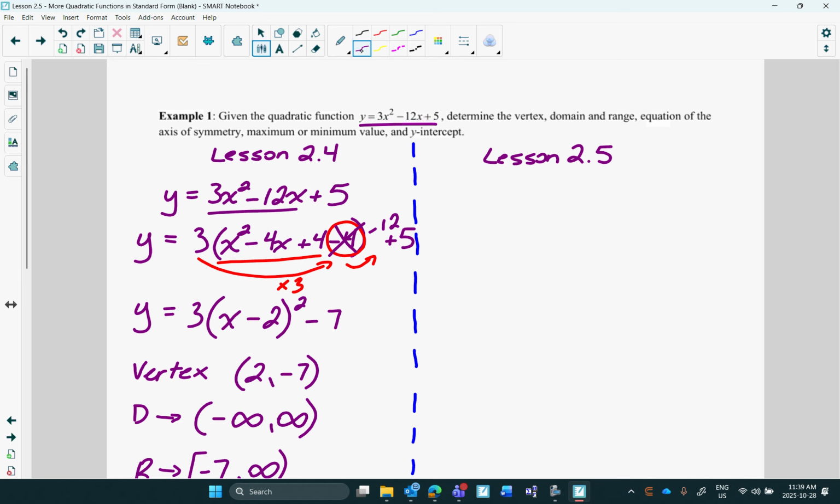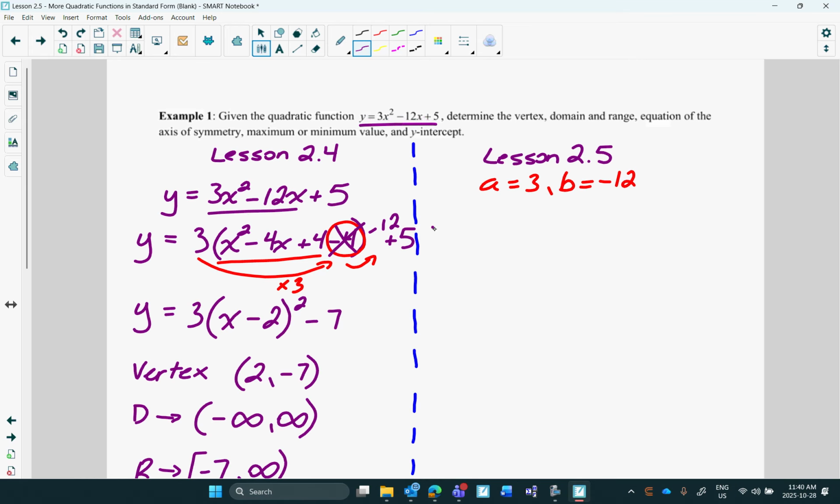How do we find the X vertex? Well, sorry, first of all, I should state this. In this, what's the value of A? 3. What's the value of B? That's the one in front of the X. Negative 12.